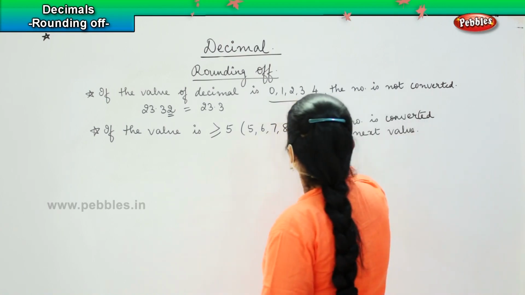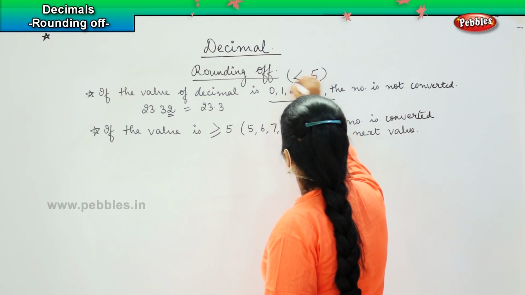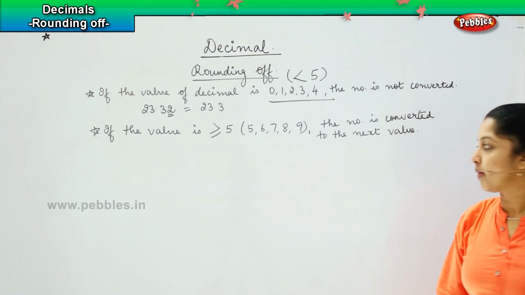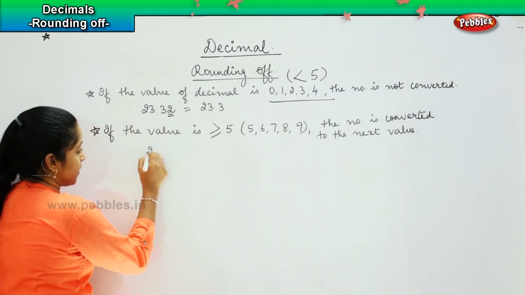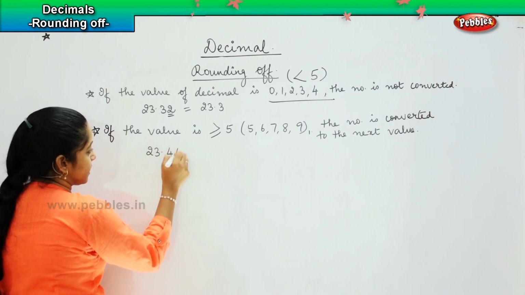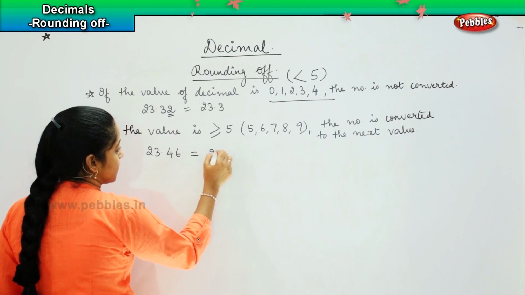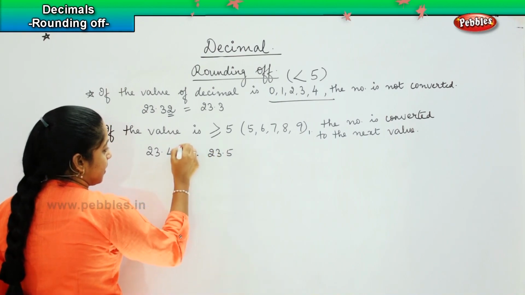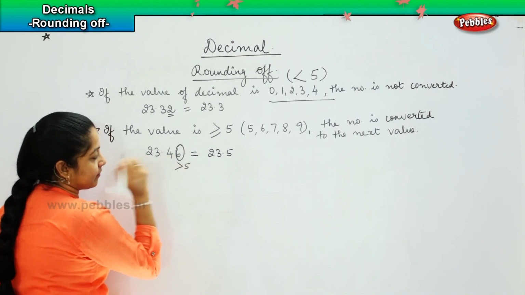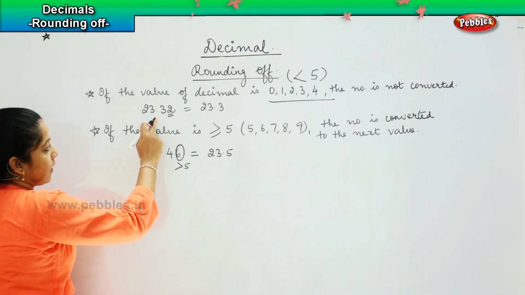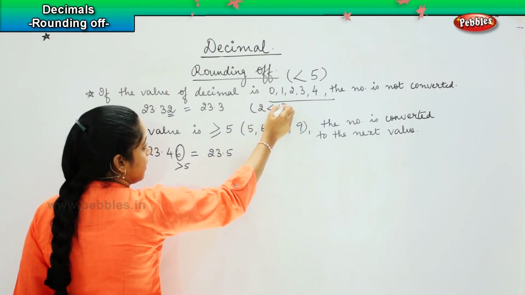Here, if I write 23.46, this can be written as 23.5 because the value 6 is greater than 5. Here we keep it as it is because 2 is less than 5.